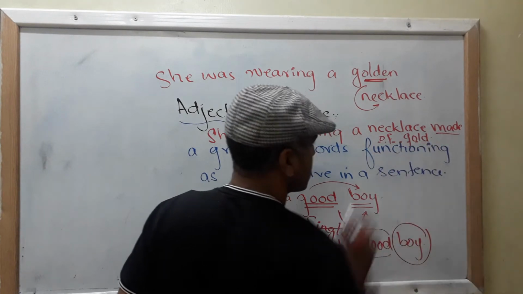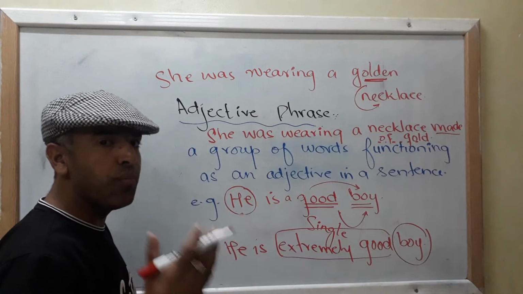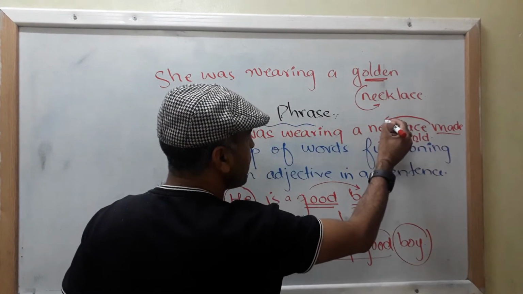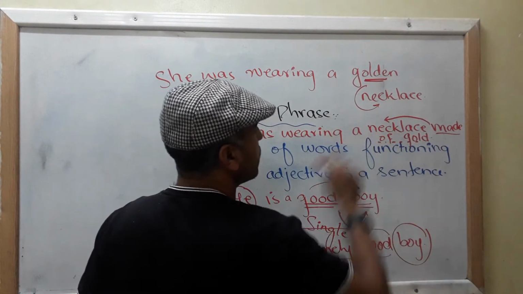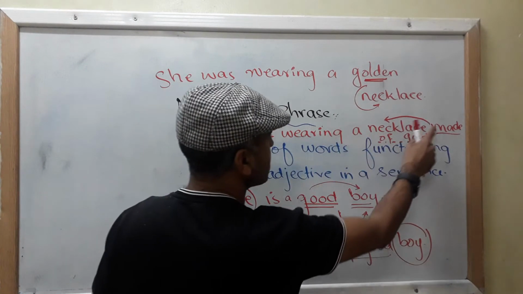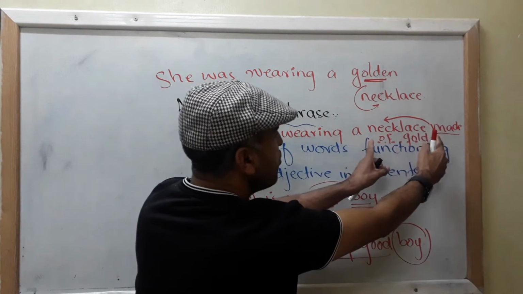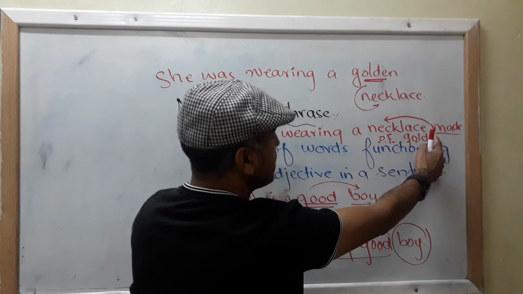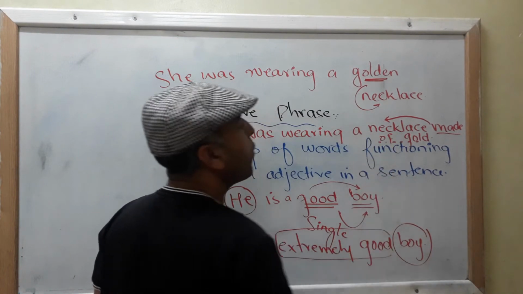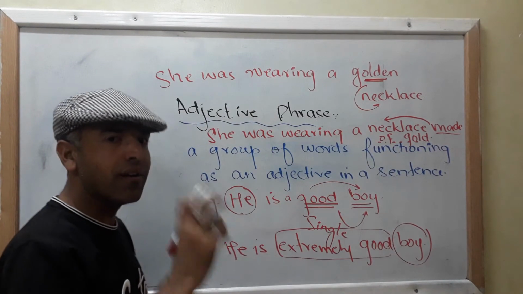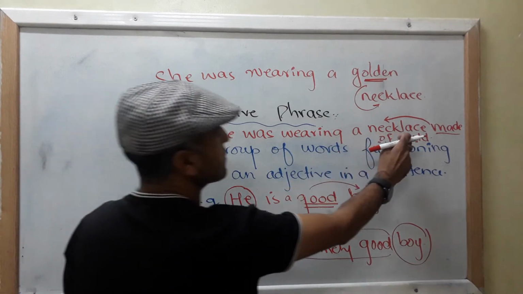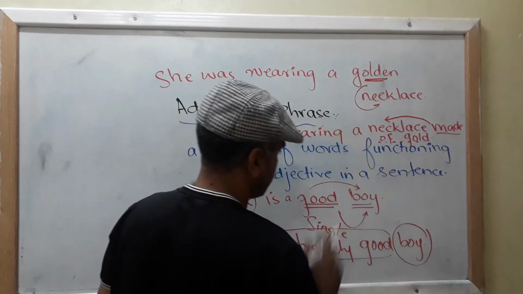This is a phrase, a group of words, and this group of words is modifying your noun, that is, necklace. This group of words is functioning as an adjective in a sentence. When a group of words does the function of an adjective in a sentence, it is called an adjective phrase.